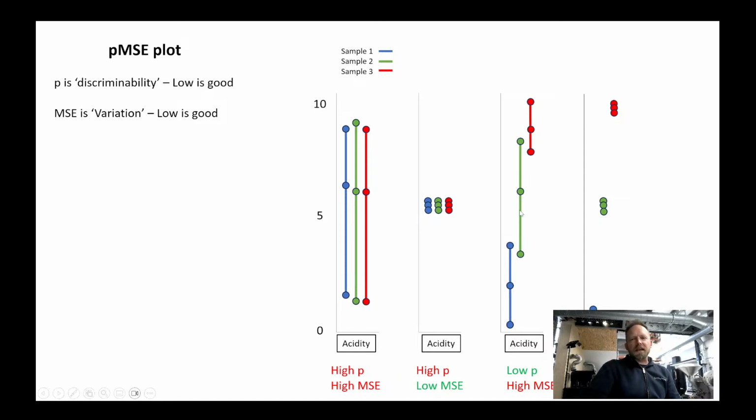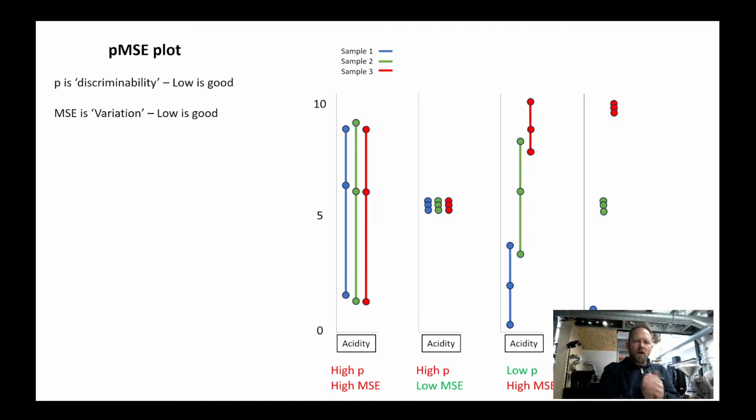But you can see that the statistics can actually accept some variation as long as there's a clear shift. If there's a clear shift, you can still accept some variation. So you'll get a low p-value if there's a clear trend in the data set. And of course, if you have a clear trend and low variation, that's the best, right?